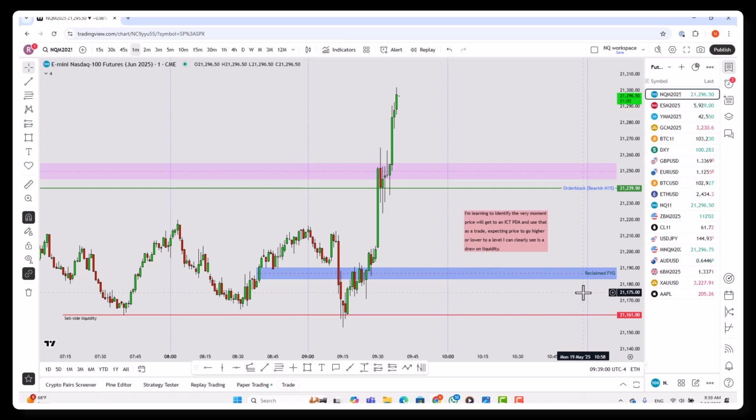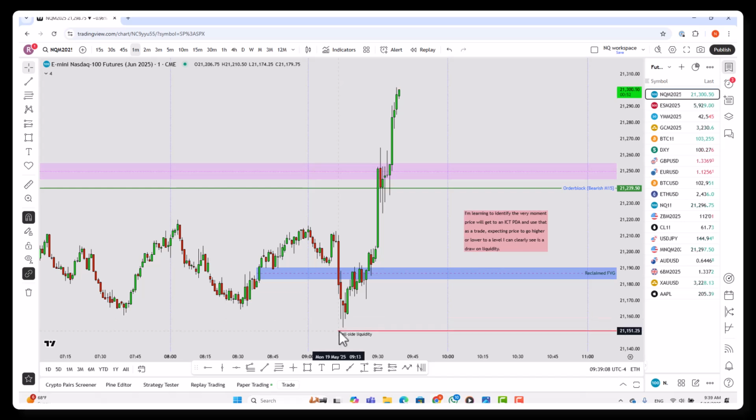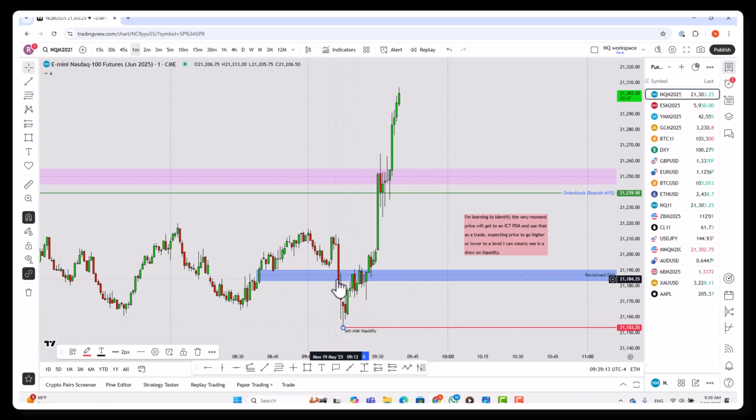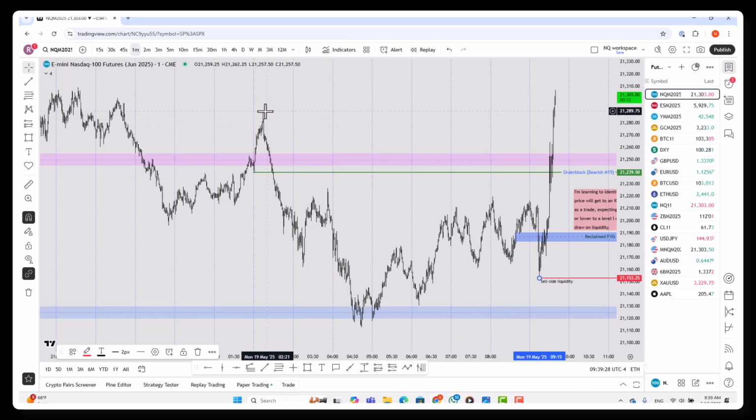So now on the downside, this here is my sell side liquidity. Look how price hit the bearish order block on M15 and rallied. So M15, there is this high here, where these relative equal highs. There are also a draw on liquidity.